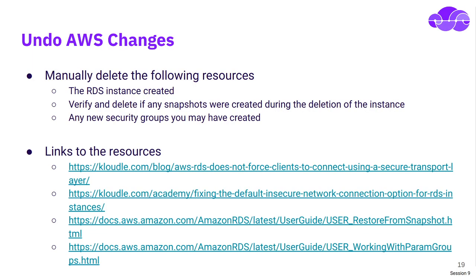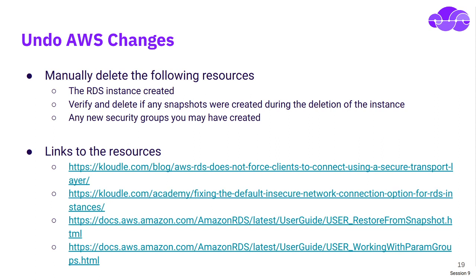All right, so go ahead and make sure that you delete the RDS instance that was created. If you want to keep it around for some time and play with it, the instance type that we've created is T3 micro. You won't be charged for it unless it's not under free tier. So make sure that you delete it after you've done experimenting with it.